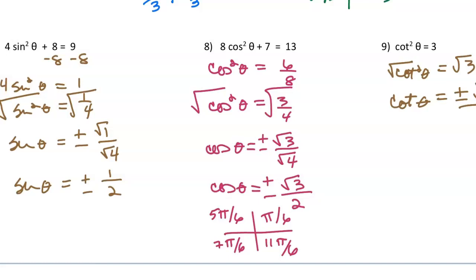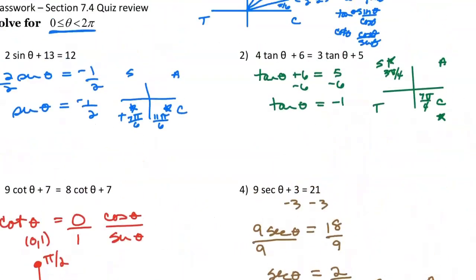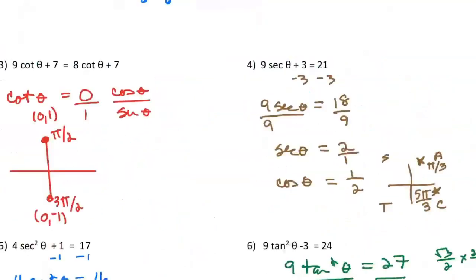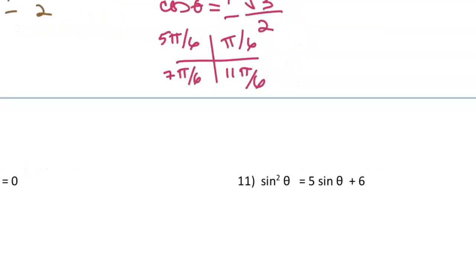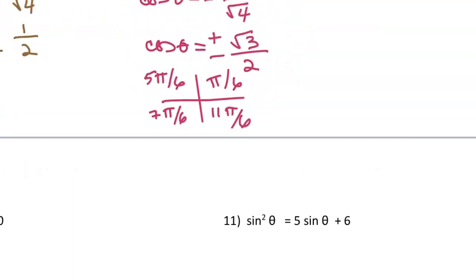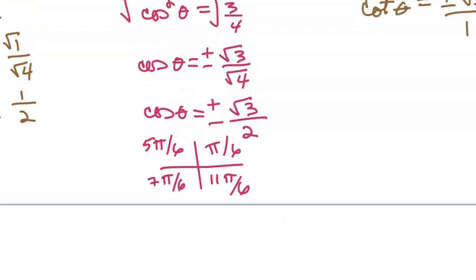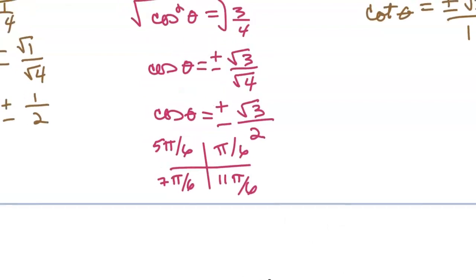Therefore, where is cosine radical 3 over 2? Where is that? That's the pi over 6 angle. So guess what we're going to have? We're going to have the exact same answers that we had for number 8. So I'm just going to circle these and say copy, and I'm going to paste them right here. Okay? So there you have it.